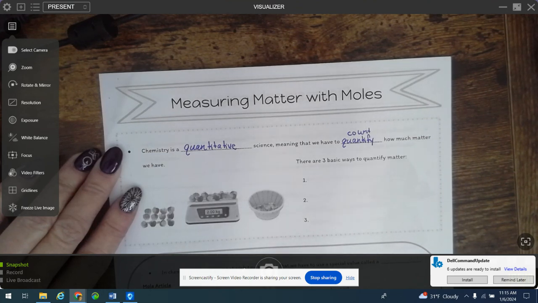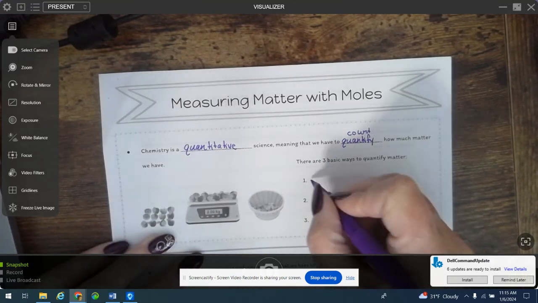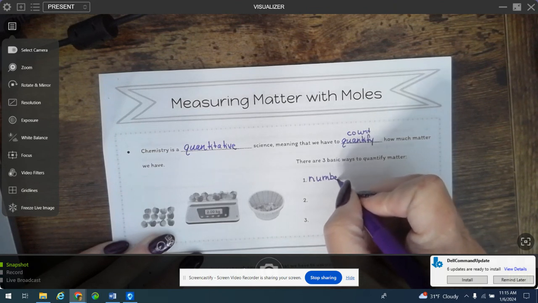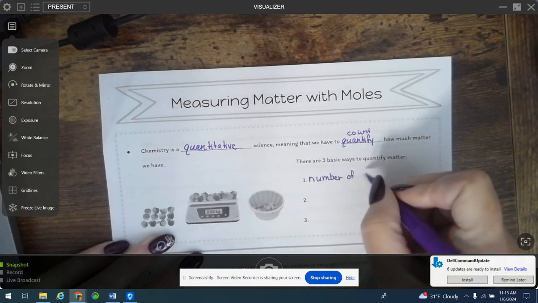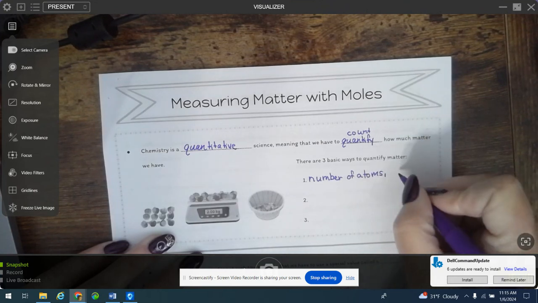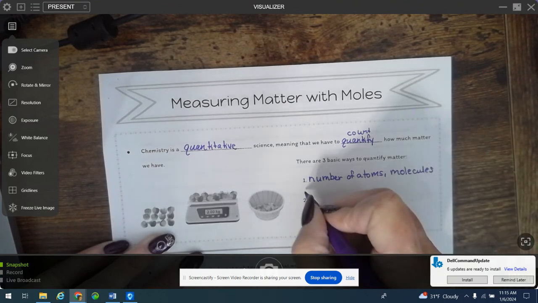Okay, when we count matter, okay, chemicals, compounds, elements, there are three different ways. We can count the number of atoms, molecules, or formula units.